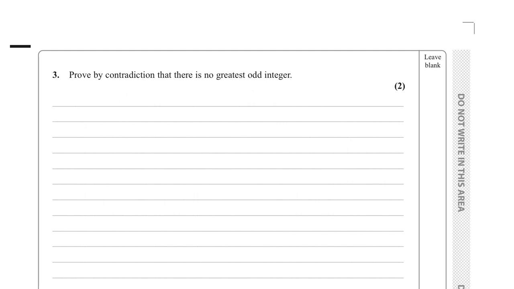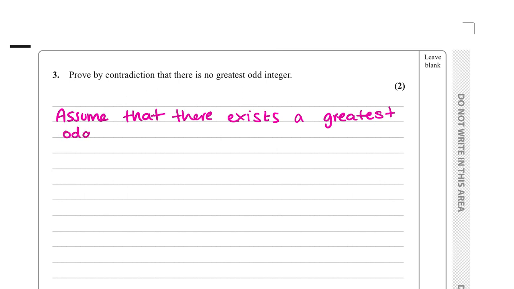So we're going to assume that there exists a greatest odd integer, and we could call it whatever we wanted. I'm going to go with n. You get a mark for writing this sentence.